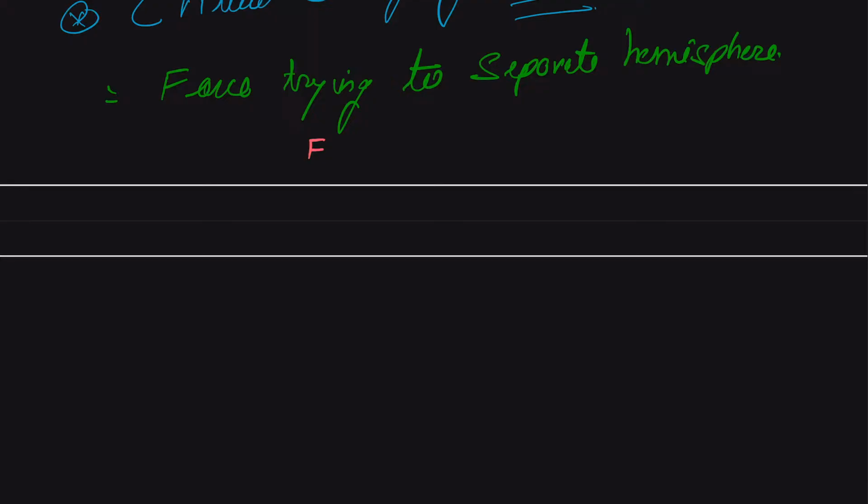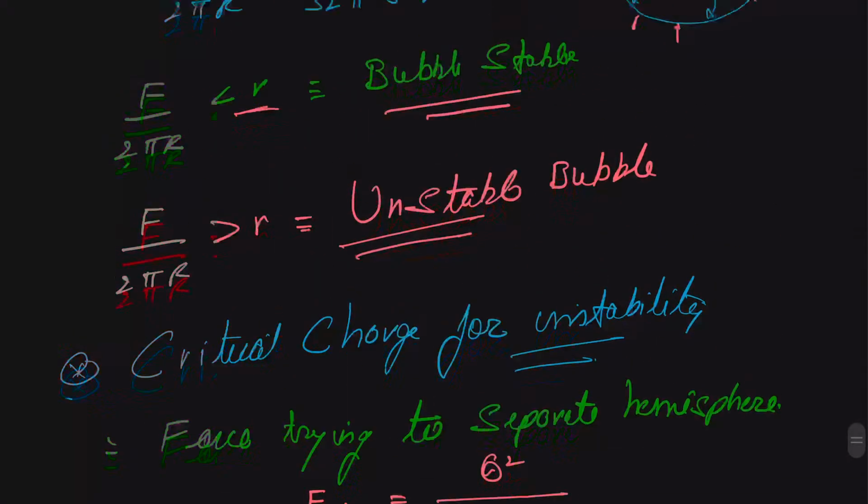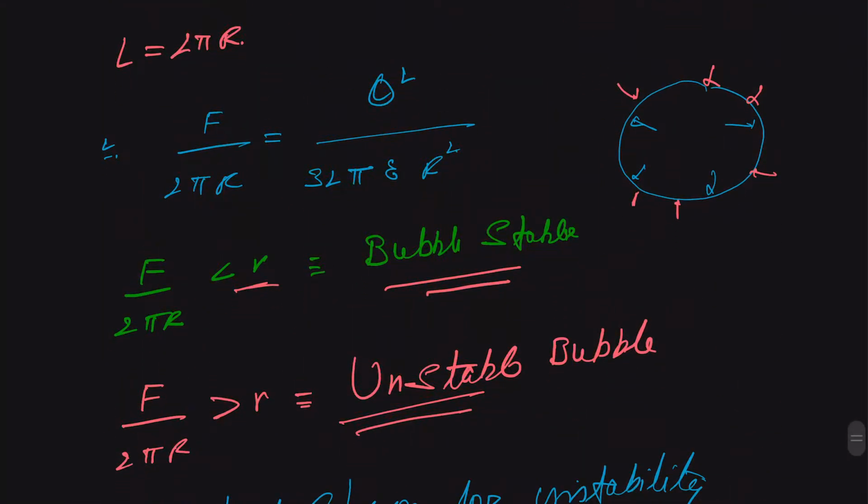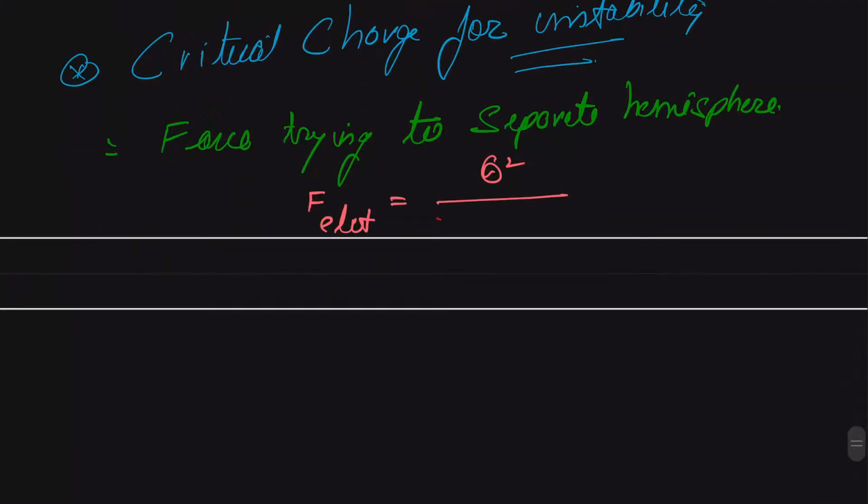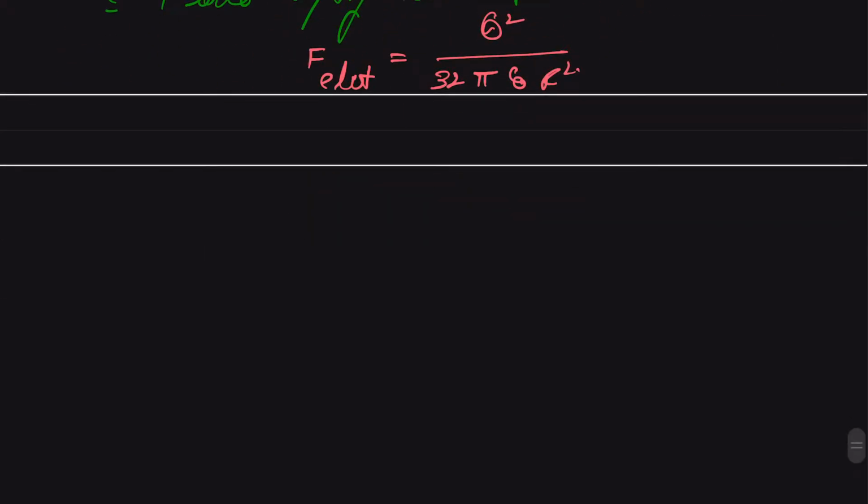So we can say that F electrostatic is Q squared upon 32 pi epsilon naught r squared.